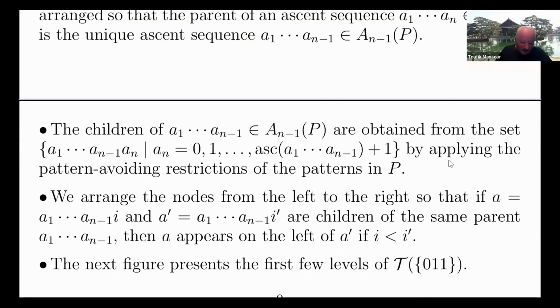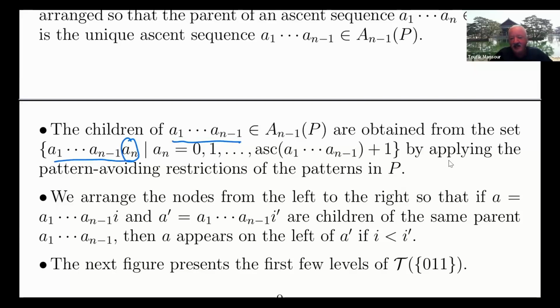And here, the children of this one are exactly all the sequences where I added a new letter such that the new letter is 0, 1, up to the number of ascents in the parent plus 1. And of course, I should check if the new child avoids my restrictions.